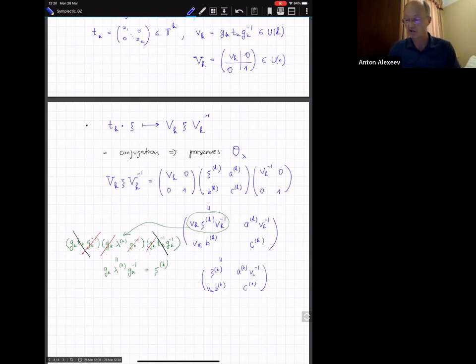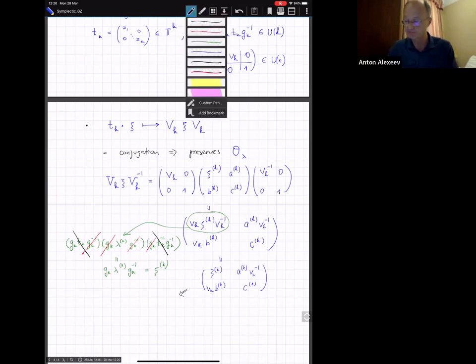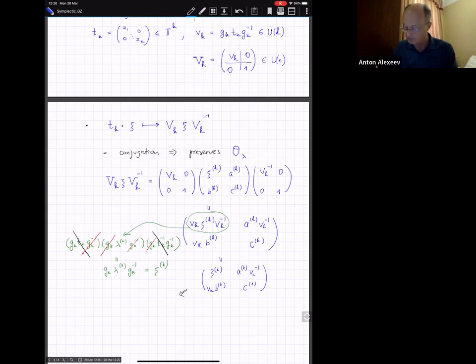And this means that the new Gk is simply equal to the old Gk.